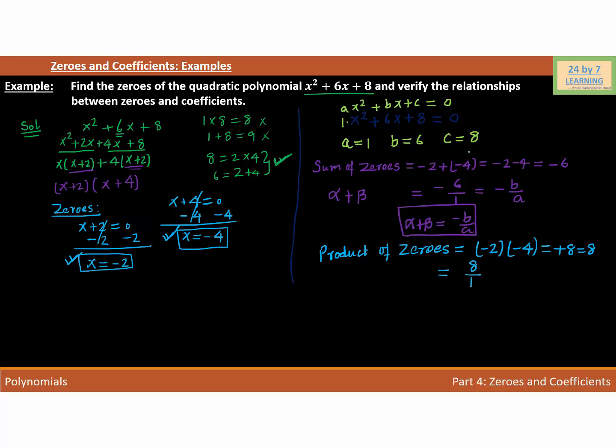As you can see, my c is 8, and 1 is basically a, so I will write c over a. So I can write alpha times beta, the product of the roots of the equation, is equal to c over a. And this is how we establish the relationship between zeros and coefficients of the given quadratic polynomial.